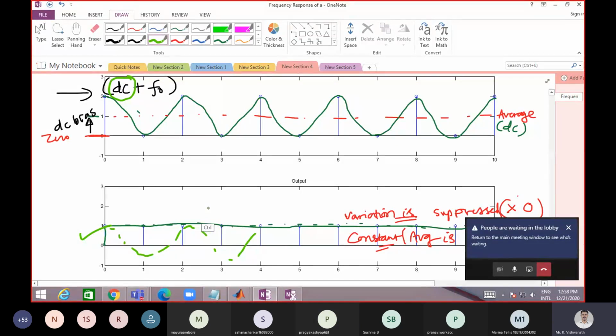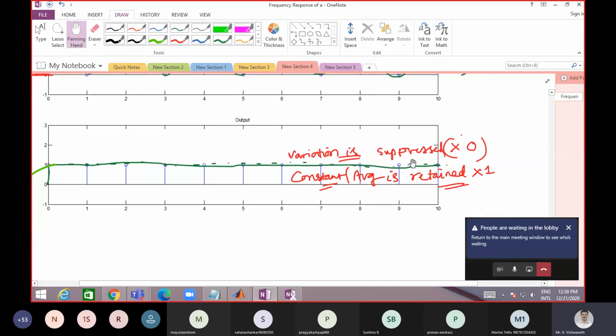Yes, sir. So not there means what? It is removed, right? Variation is suppressed, or variation is removed, or variation is filtered. By what factor? 100% removal, or you are multiplying it by a 0.